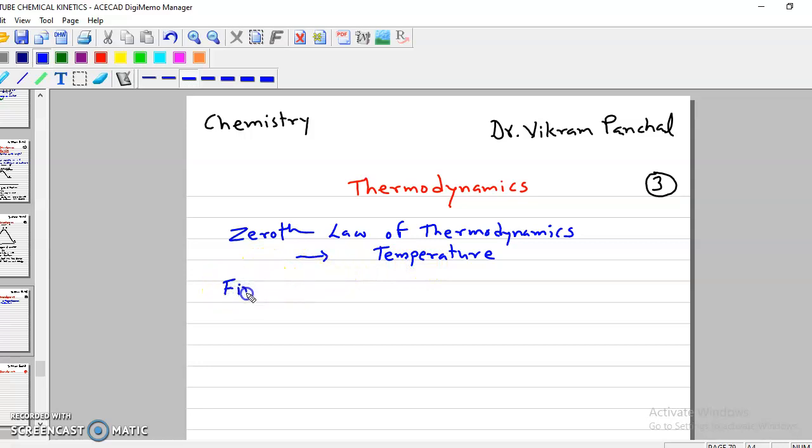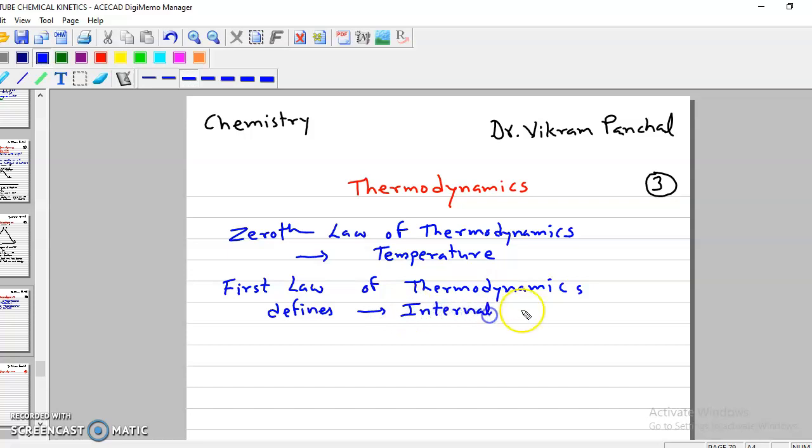Then we have the first law of thermodynamics, which is mainly related to the concept of energy conservation, or it defines internal energy, and the symbol of internal energy is E or capital U. Any one of these can be used. It is also considered as the break-even law.